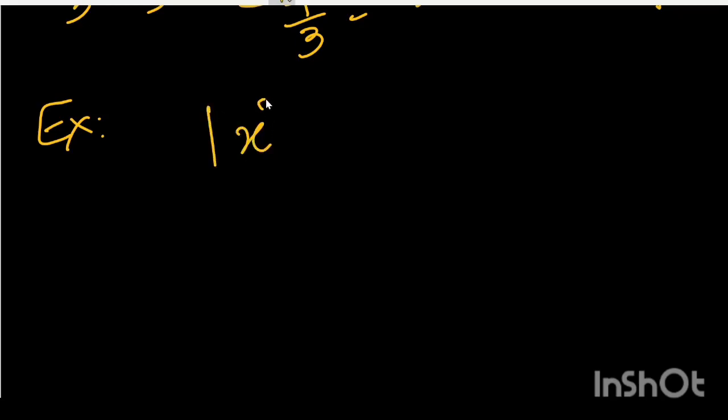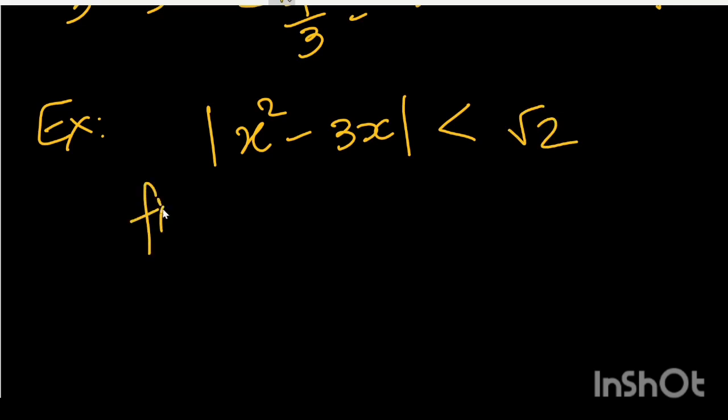Now try this example, guys. If mod of x square minus 3x is less than root 2, find x. How will you solve this, guys?